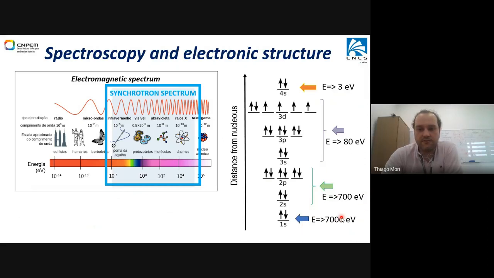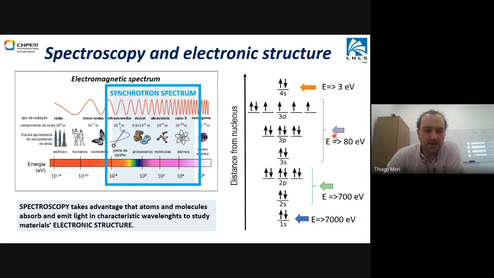So we need a source, X-rays. If you have an X-ray source that can produce photons with this broad range of energies, we can use this to do spectroscopy.